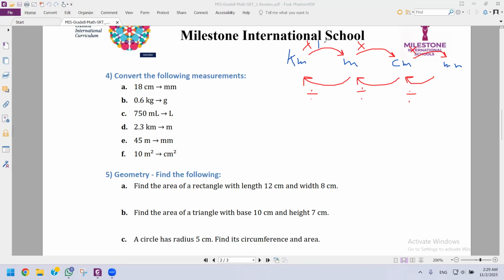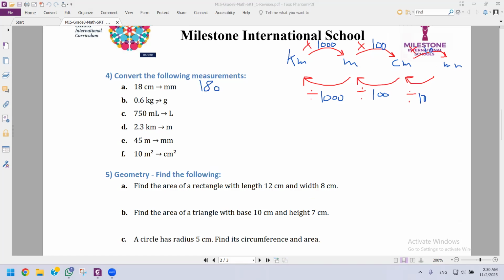So start with 1000 and then remove 1 0 will be 100, then remove 1 0 will be 10. And here the same numbers, 10, 100, 1000. Now they said from centimeter to millimeter. From centimeter to millimeter times 10. So 18 times 10, 180.